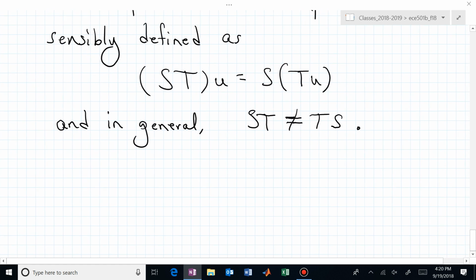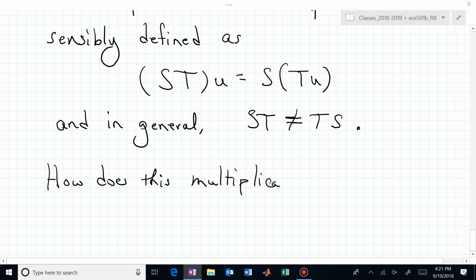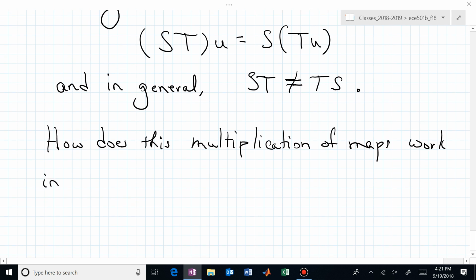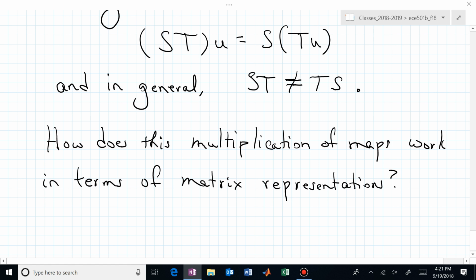And now, how does this multiplication of linear maps work in terms of matrix representation?